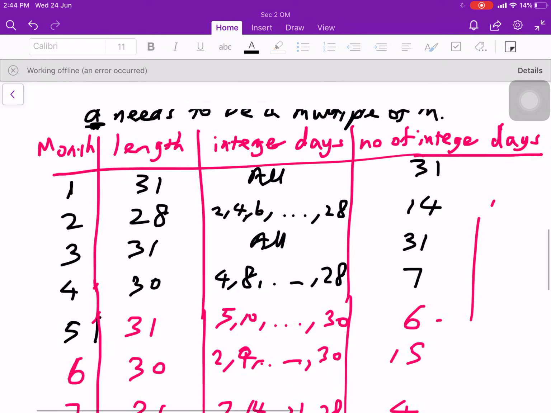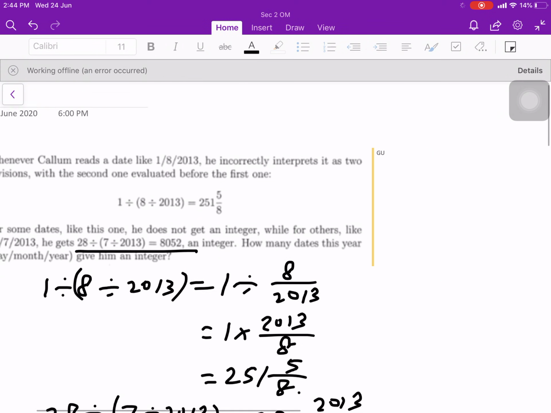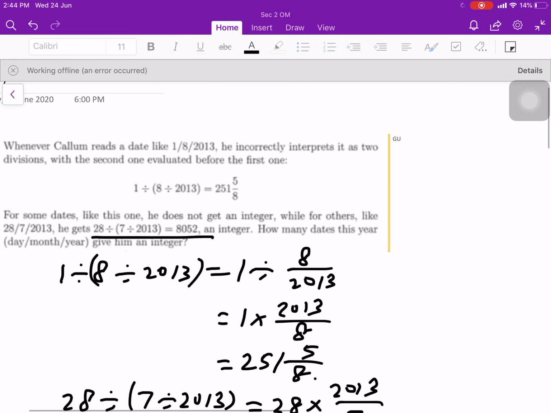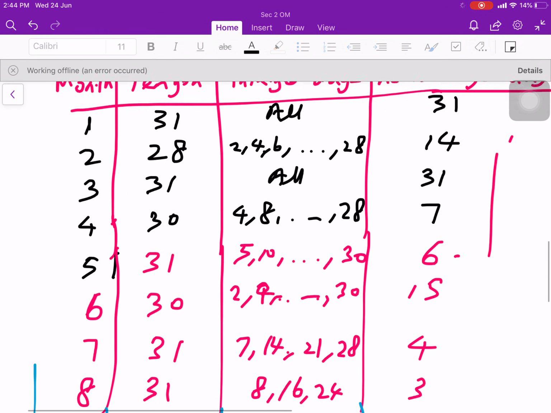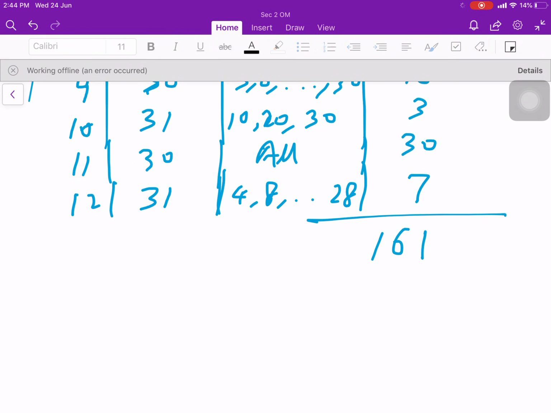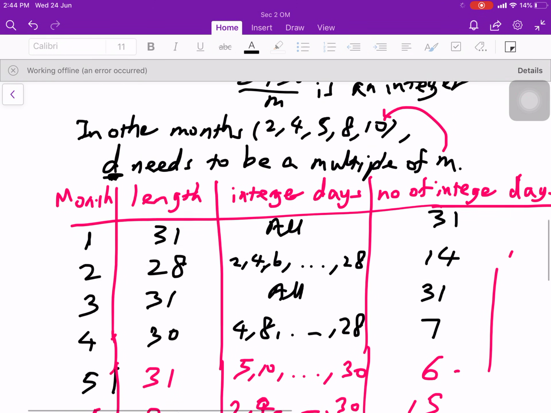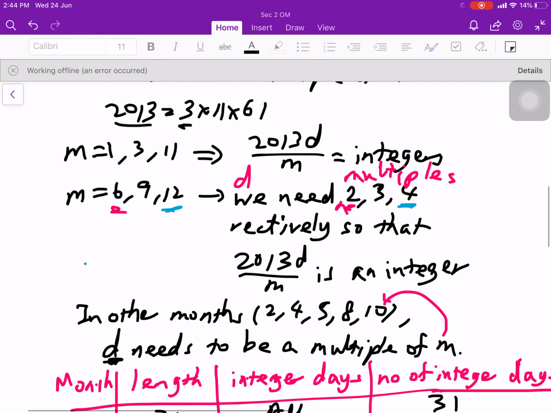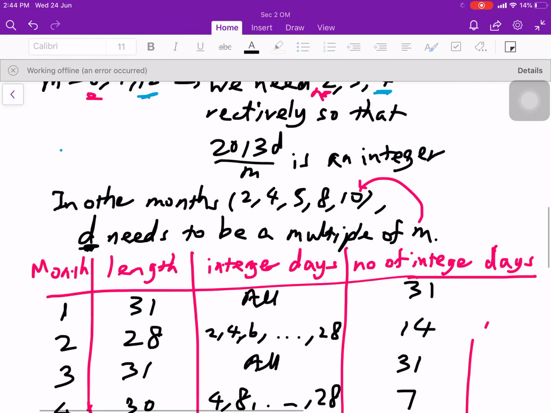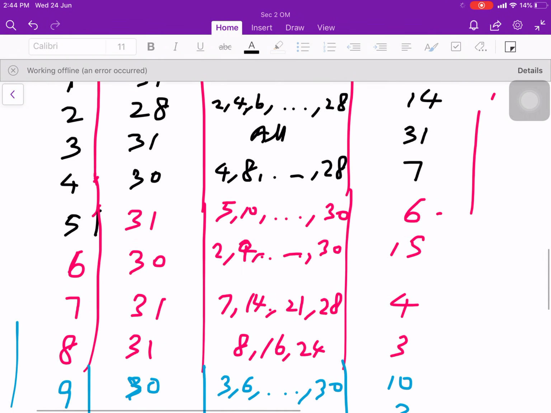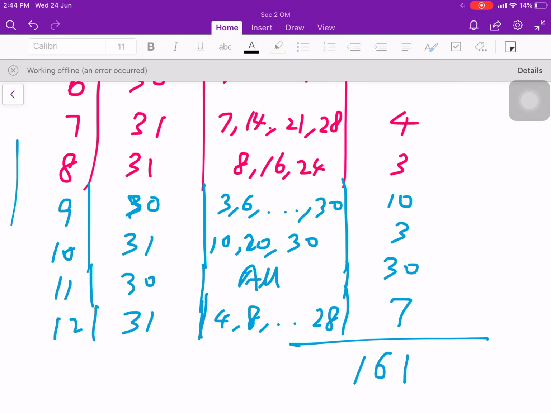The question asks how many dates this year give an integer, therefore the answer is 161. This part really requires listing, then this question can be solved very logically. The answer is 161.